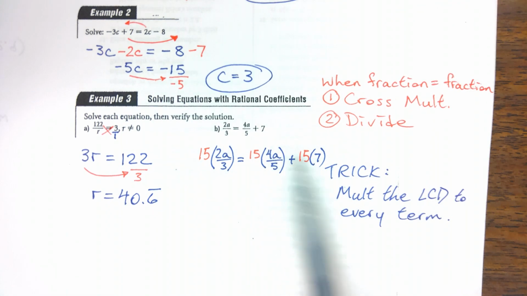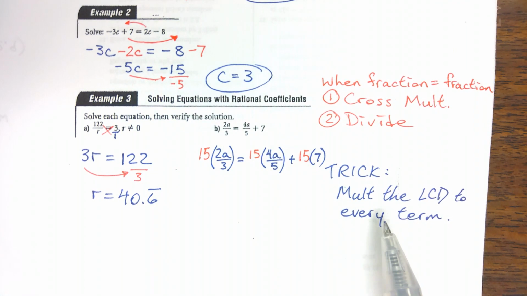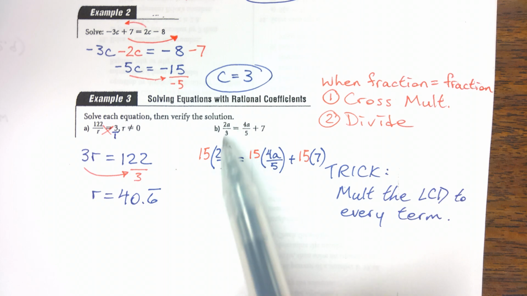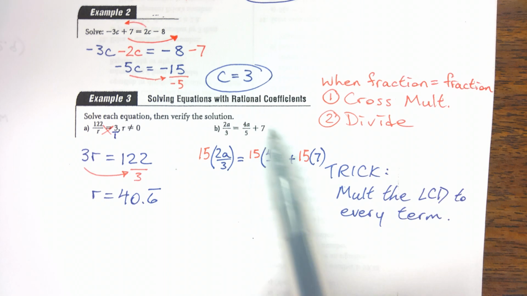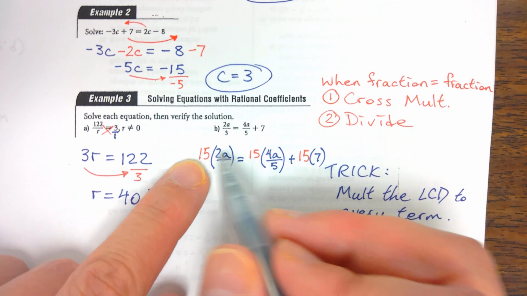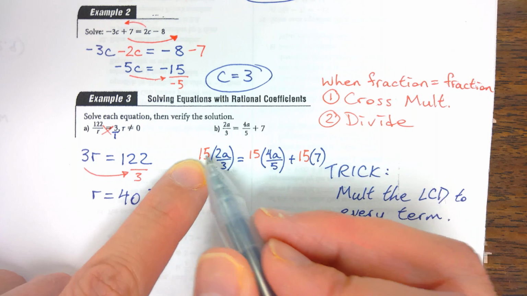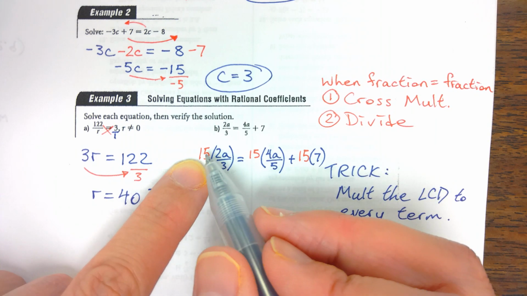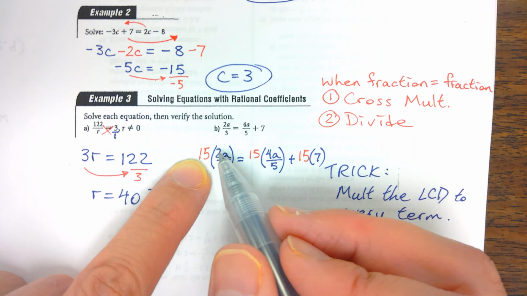Okay, remember you have to multiply to every term. So this term, this term, this term, each of them I have to multiply it by 15. Okay, so 15 times 2 divided by 3. Remember, these are just numbers, so I can multiply and divide as usual.